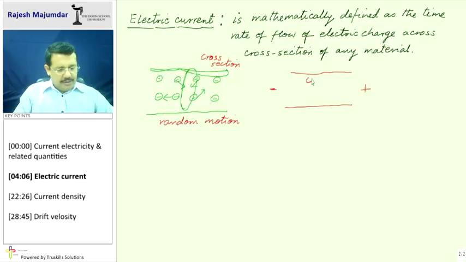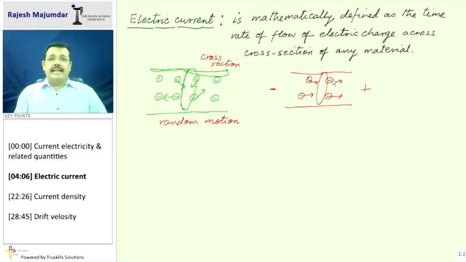And therefore, the electrons which are in the conductor, it is something like connecting a battery or a cell across a wire. Now all these electrons will be attracted towards the positive side. So more or less all electrons will be moving towards the right. So if we look through the cross section again, now there is a net flow of electron from left to right.